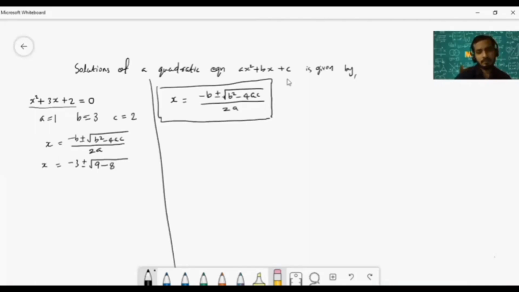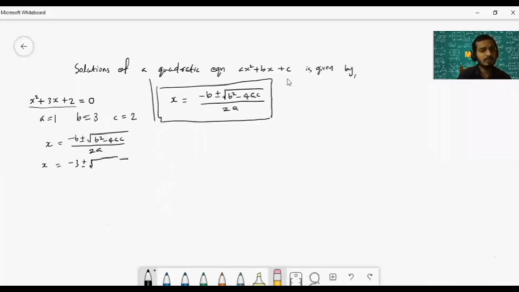Better, you do B square minus 4AC separately on the right side. You write the final answer inside the square root. That's a better idea. When you find the solution using this method, you can find B square minus 4AC separately, on the right side or at the top, before writing the formula.